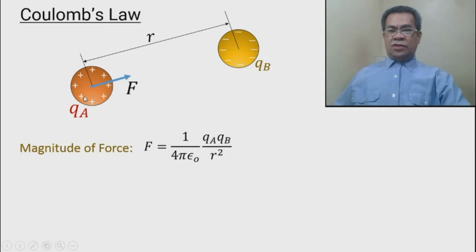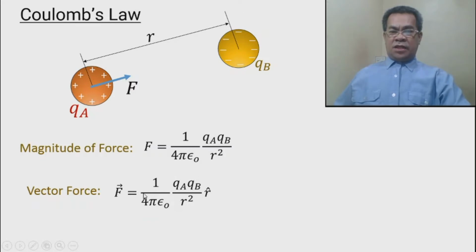Okay? So this is how to calculate the magnitude of force. All you need to do is to have the two charges, and we have the center to center distance. Okay, since force is a vector quantity, it is not enough to describe it only by its magnitude. We need to provide its direction. So in order to have a complete description of this force, we have to provide a vector force. So the vector force has an arrowhead, and the magnitude is this one.